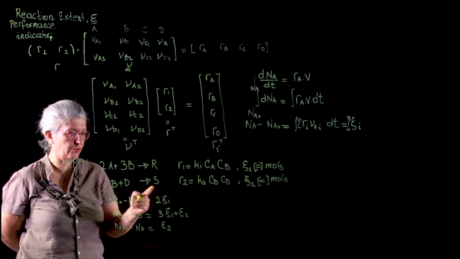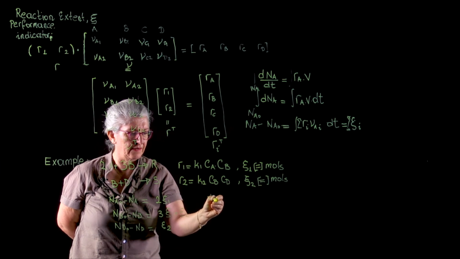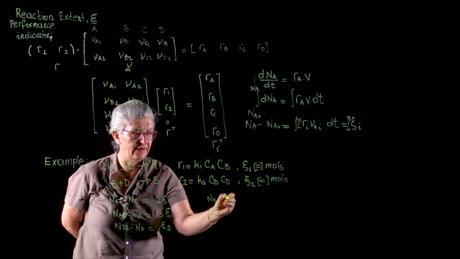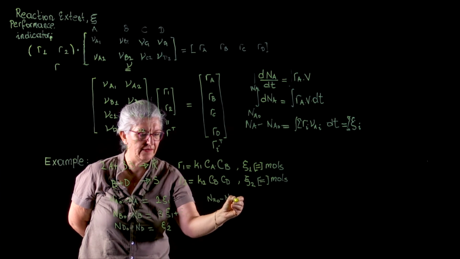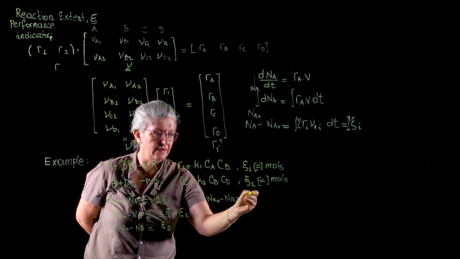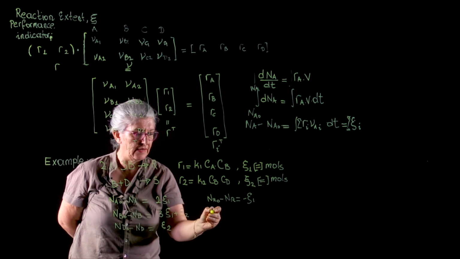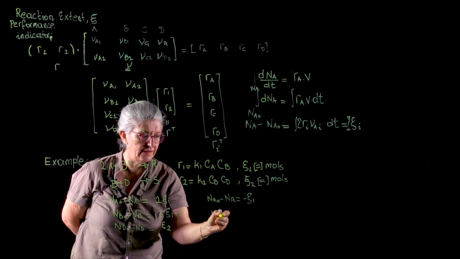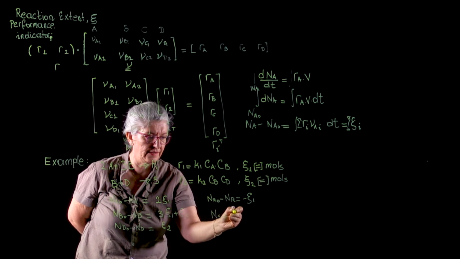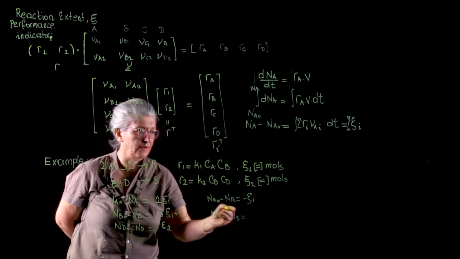And let's write for the products also. NR0 minus NR is minus Xi1, because it's on the product side, and NS0 minus NS is equal to Xi2.